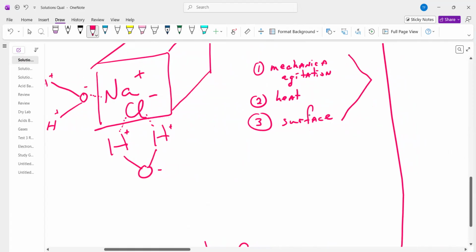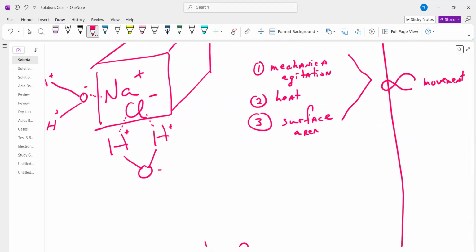These are all directly proportional to movement. In the case of surface area, it's also a phenomenon that happens only on the surface.